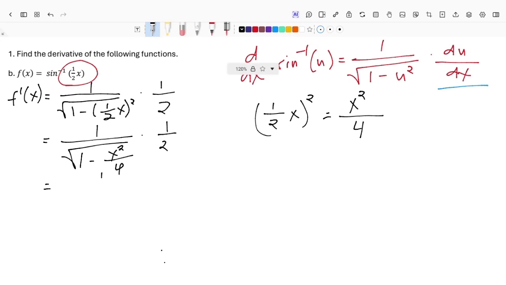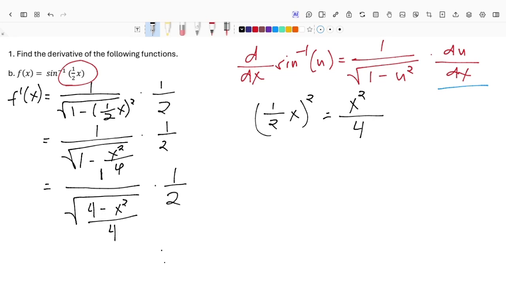Let's further simplify. We have 1 over 1 minus x squared over 4.